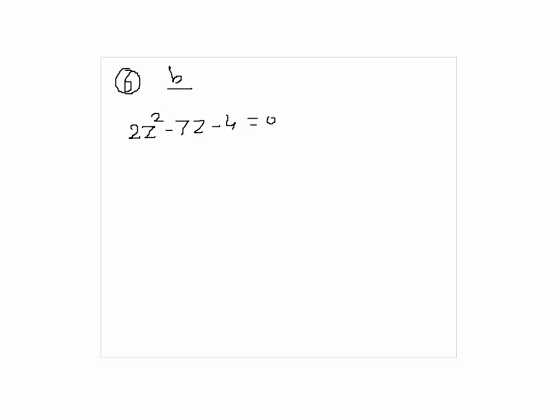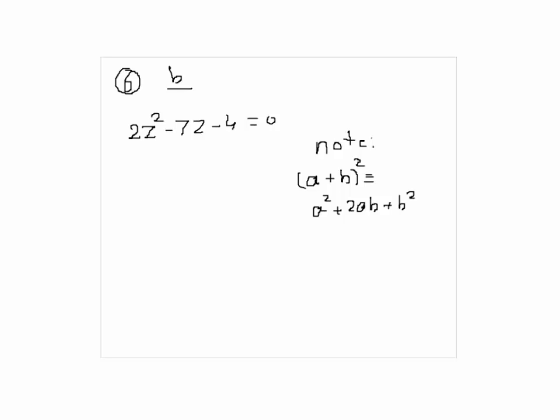Let me remind you something here. If you wanted to find the complete square, like a plus b squared, if you expand it, the result of it is a squared plus 2ab plus b squared.